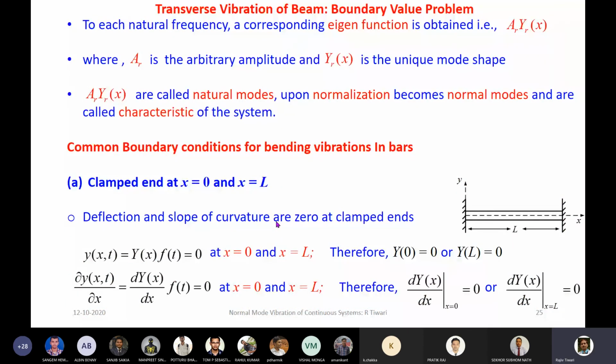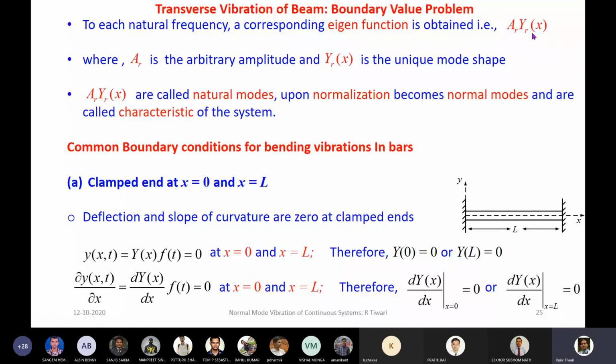Again, the magnitude of the eigenfunction, or whatever amplitude is related with the eigenfunction, will be arbitrary, but the shape will be unique. The shape will be unique, as we had in the discrete system.